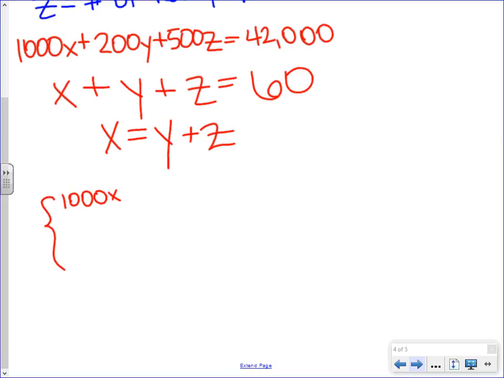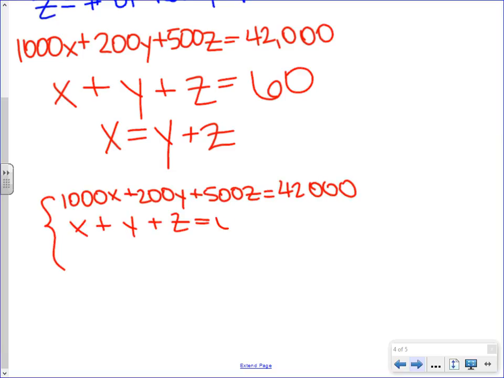Our systems make a lot more sense if they're written consistently. So I would write this one as X minus Y minus Z equals 0. That way you have all of your variables on the left side, constants on the right side, and then you can start picking and choosing what to solve.